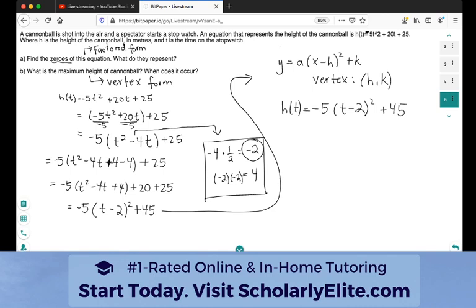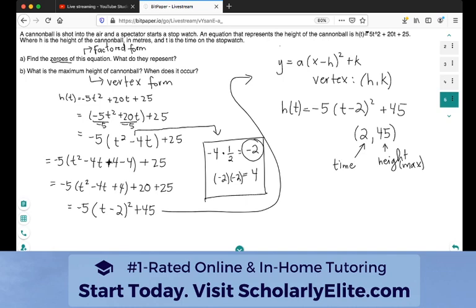Alrighty guys, so in this case, not to confuse you guys, but basically this is going to be our h, so we know that that's going to be 2, because again it's the opposite sign, remember, and then this sign is the same, so it's positive 45. So this is our height, and in this case it's the max height because it's the vertex, and this is our time.